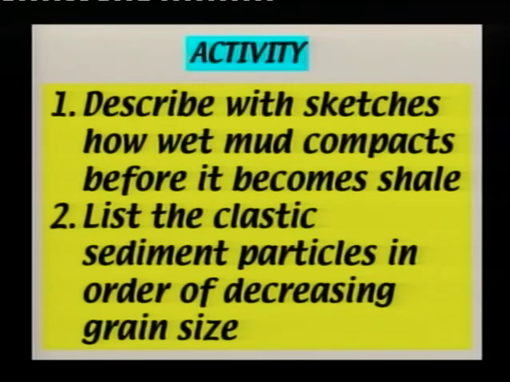Number two, activity two, I'd like you to make a list of the clastic sediment particles in order of decreasing grain size from what we have covered already. You might need to look at your table to help you with the listing in order of decreasing grain size.